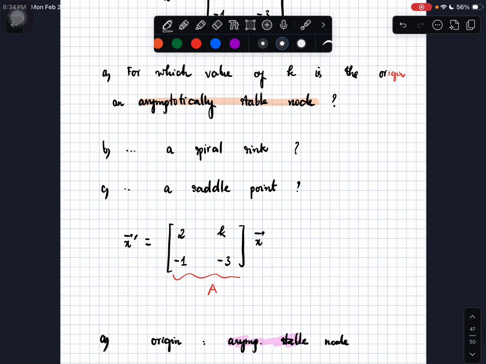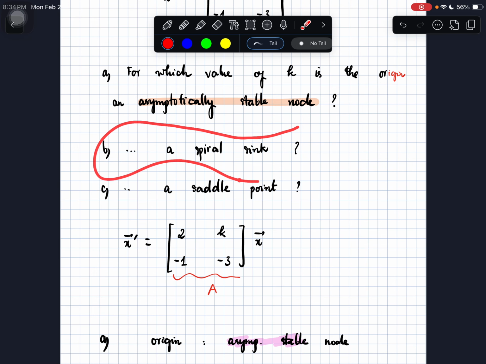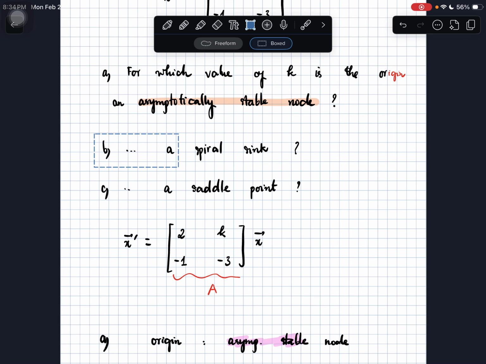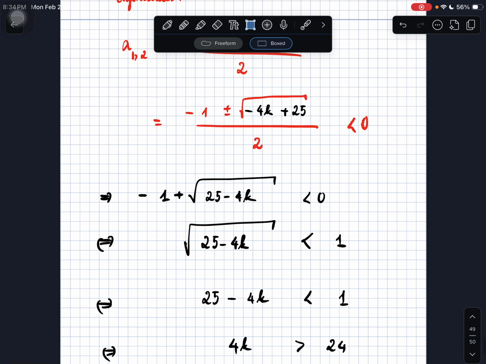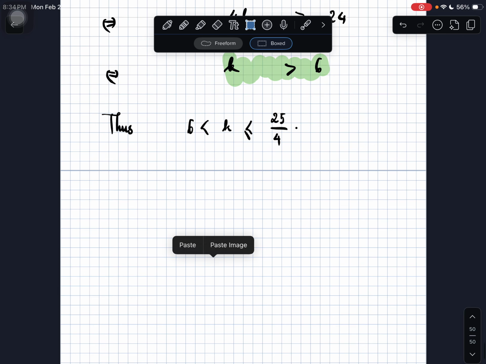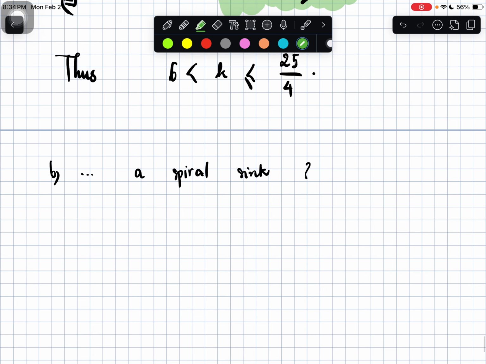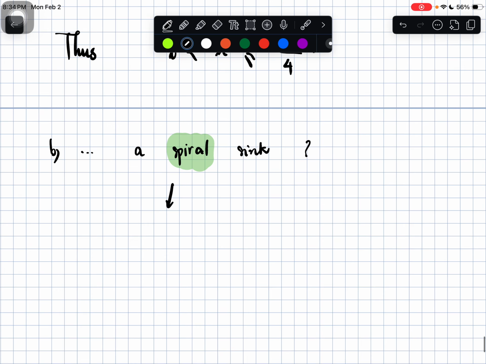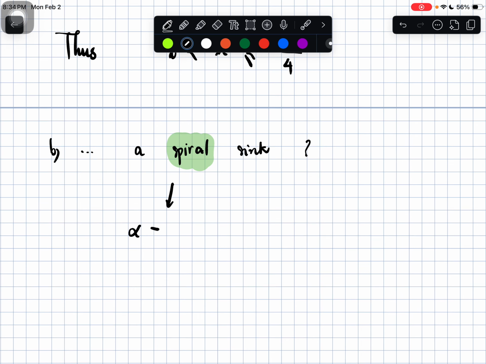For the second question, spiral sink. So we have a spiral sink. This means that the first condition, spiral, is that we have complex eigenvalues. The imaginary part is non-zero, so they take the form alpha plus or minus beta times i.